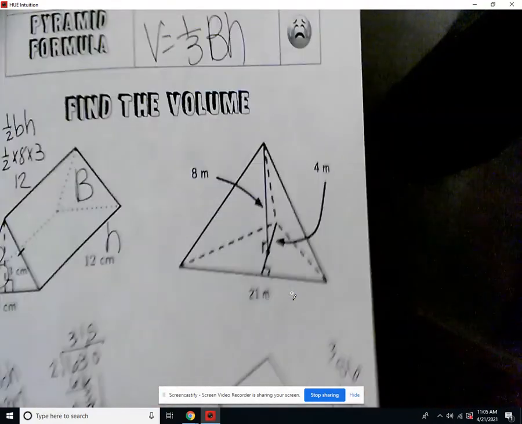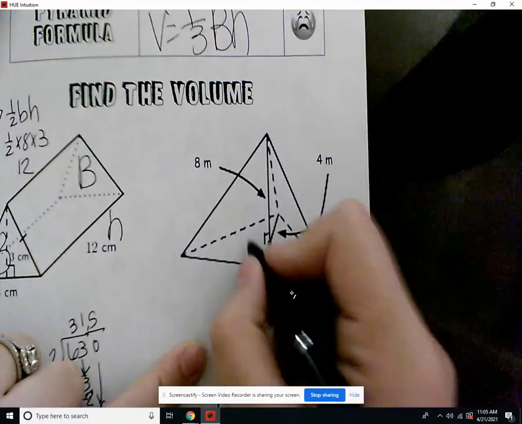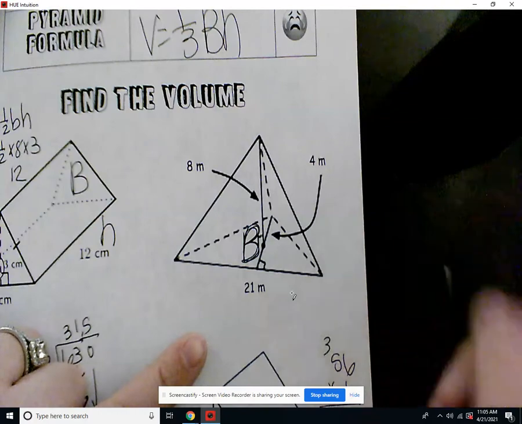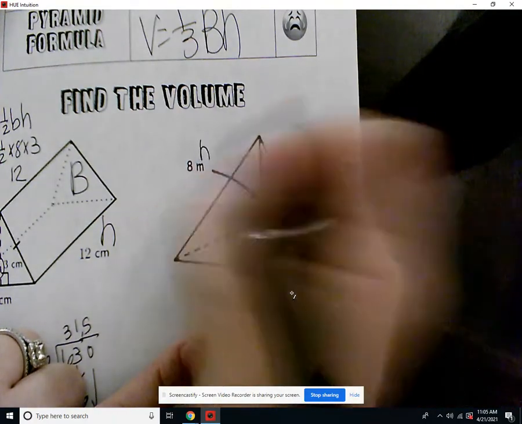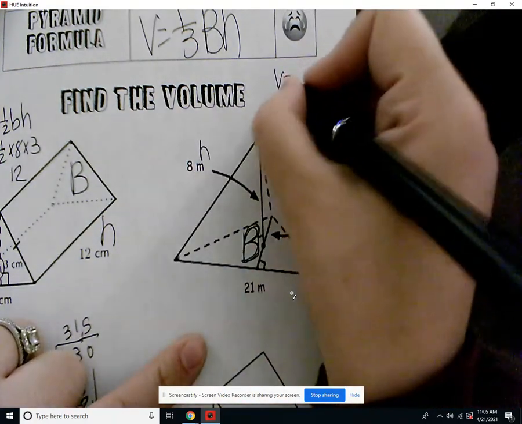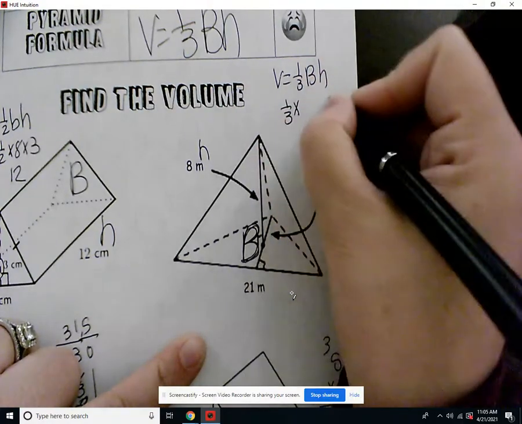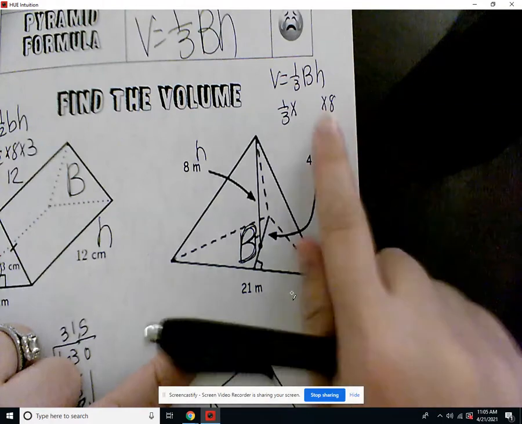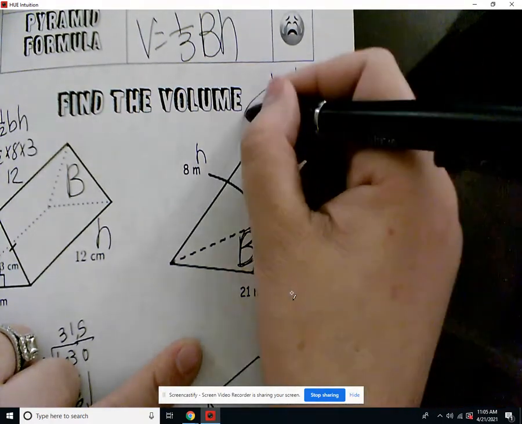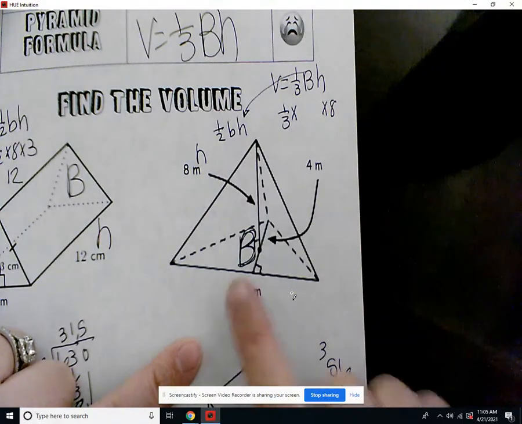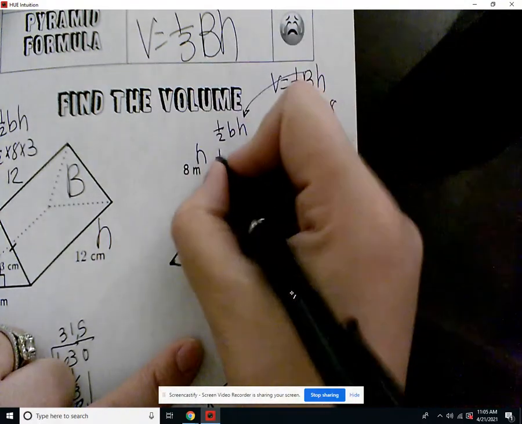All right, so let's look at one more example. So here is our base. So the height of the prism, again, is how tall it stands. So that's going to be our 8. Okay, so I'm going to find my B. So I'm going to do 1/2 BH. So I have 21 and 4.